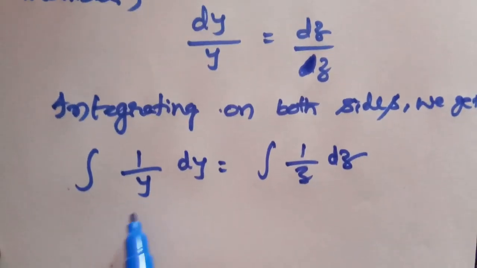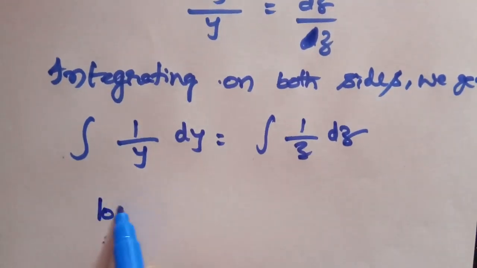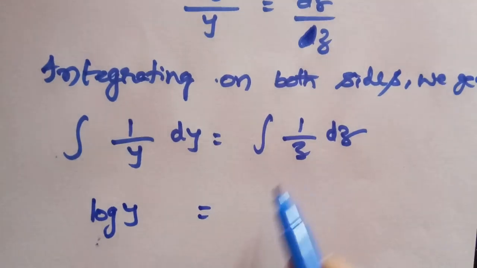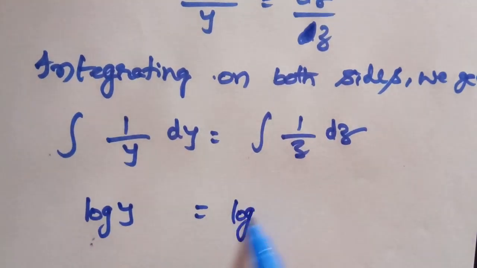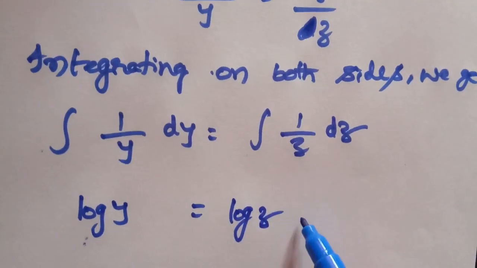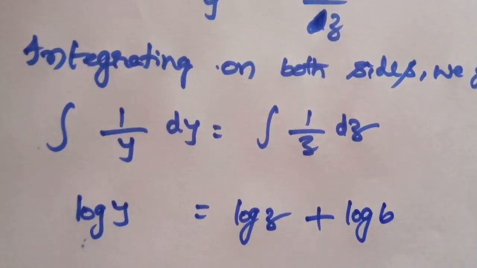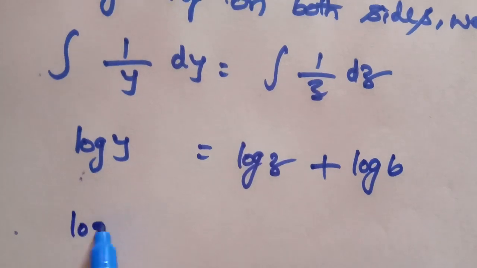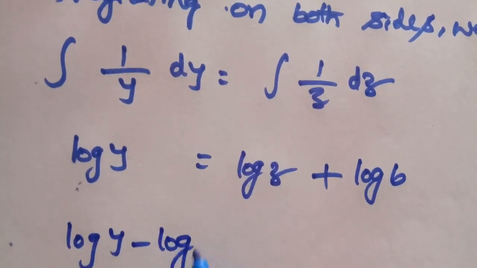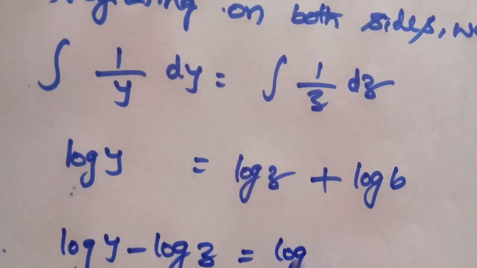By the same formula, 1 by y integration is log y. Integration of 1 by z is equal to log z. Therefore, constant of integration we are adding log b. Therefore, this can be written as log y minus log z is equal to log b.